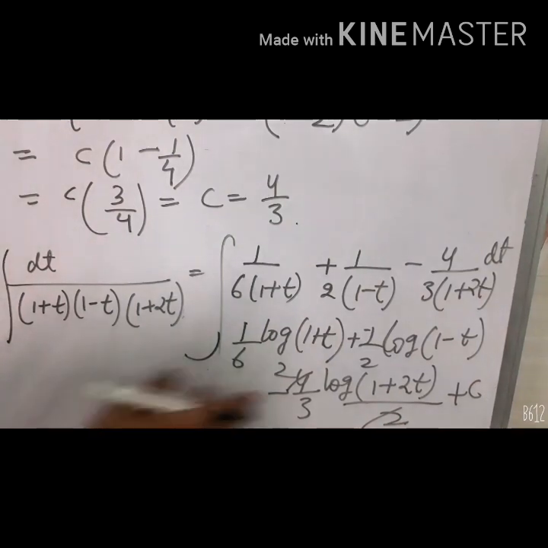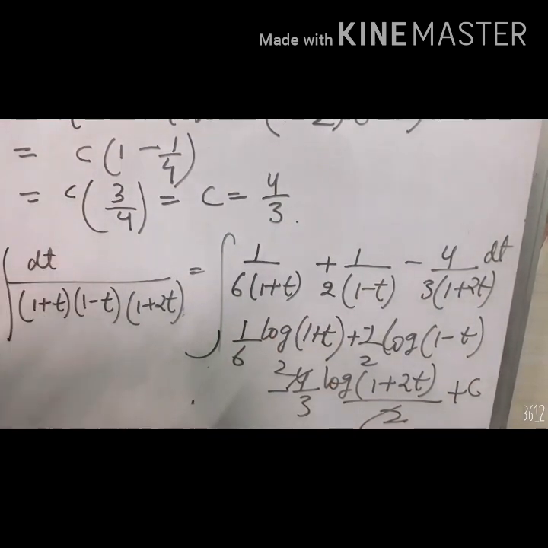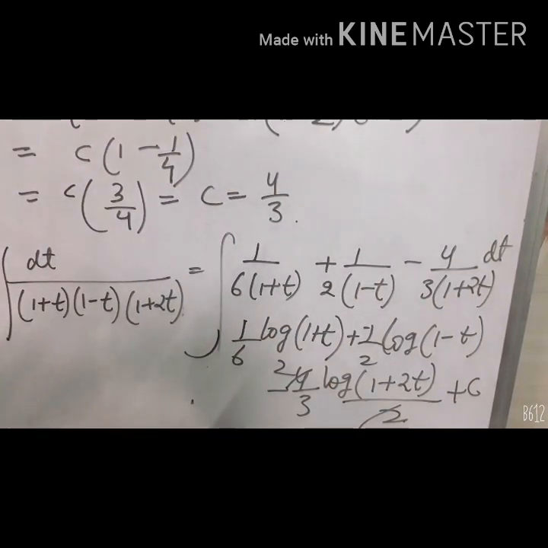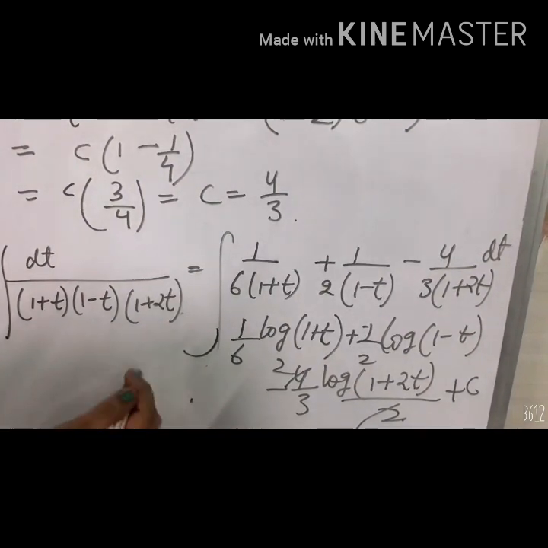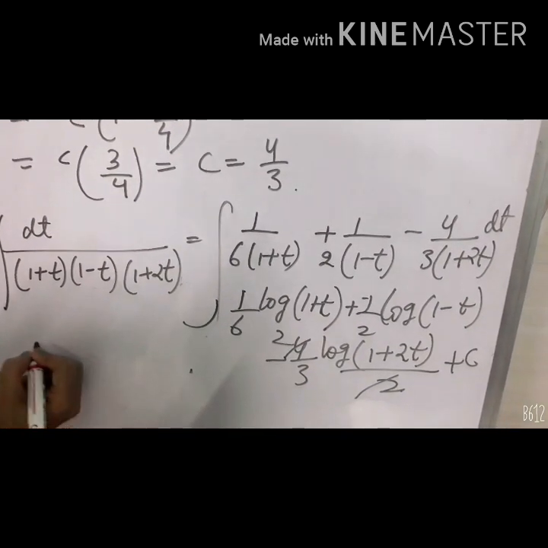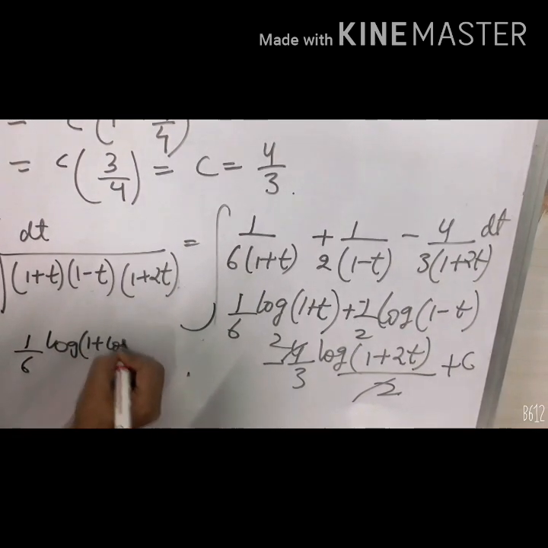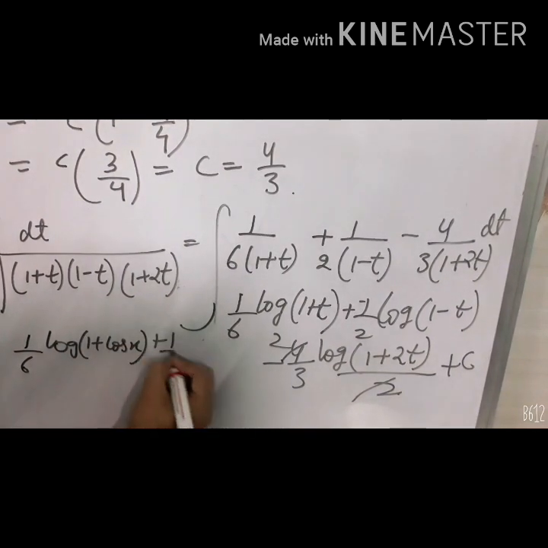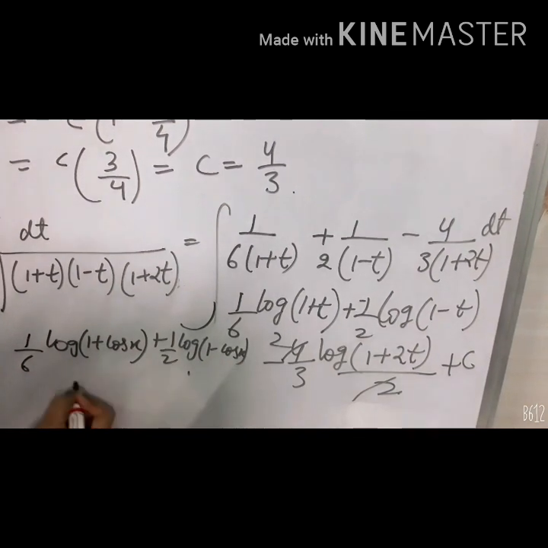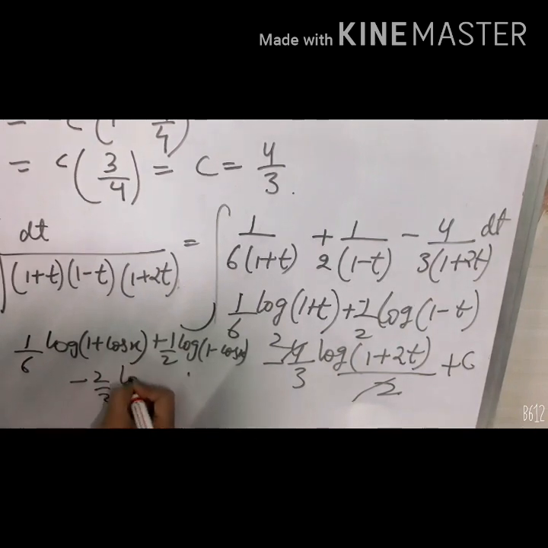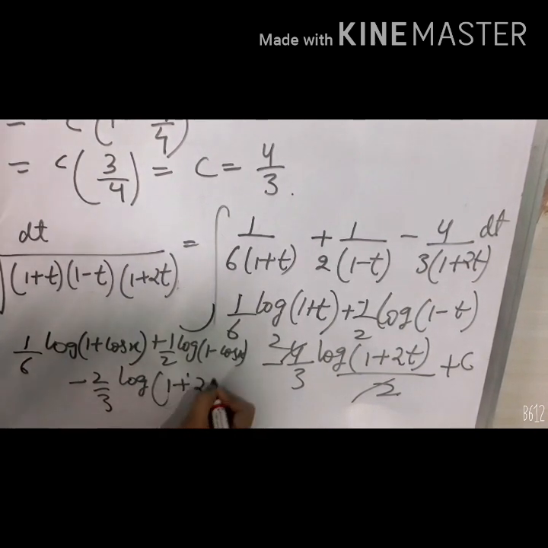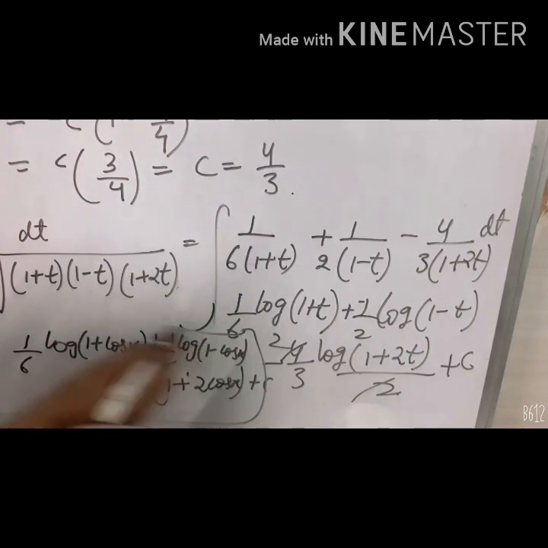This is your answer. But in place of t, what you need to put? In place of t, you will put cos x. So it becomes 1 by 6 log 1 plus cos x plus 1 by 2 log 1 minus cos x minus 2 by 3 log 1 plus 2 cos x plus C. This is your complete answer.